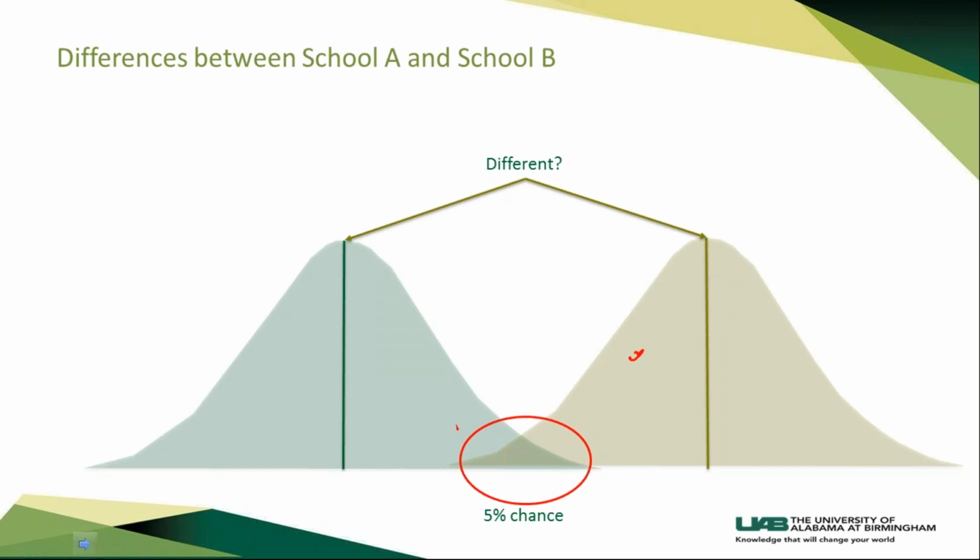We want to know, are these distributions far enough apart that there's only that small bit of overlap? And if it gets to that point, we say that they're now statistically significantly different from one another. So this visual representation here, this is what a t-test quantifies. Are they far enough apart that the overlap is so small that there's only a 5% chance that I'm touching basically the wrong distribution?